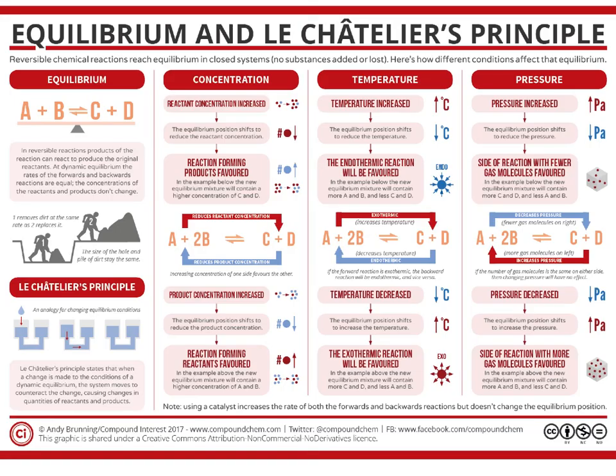So this infographic by Compound Interest is a very good depiction of this. It shows you each of the things we talked about. We've got concentration, temperature, pressure. So your reaction's in the middle, okay? For concentration as an example, at the top it says you can increase the concentration of a reactant and then tells you what happens.